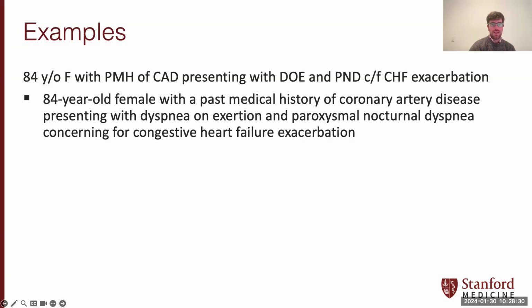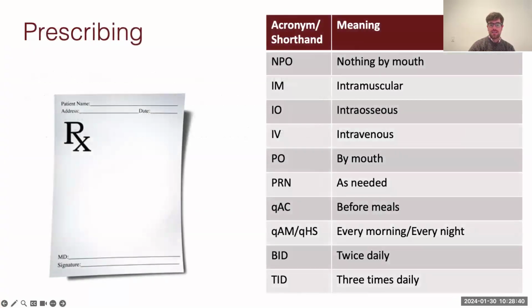And we'll have a chance to go through all of these in a lot of depth, for you all to try them on your own in just a little bit as well. So I hope you don't feel left out in getting through these. So next up is prescribing. So these are common shorthand that's used in prescribing.